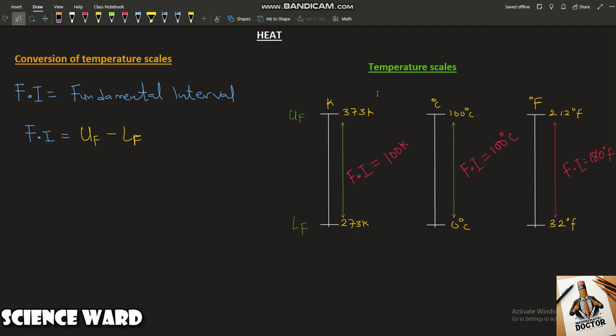So we want to convert from Kelvin to degrees Celsius, or from Kelvin to degrees Fahrenheit. To convert, I might have to keep the diagrams in my head, or I will have to know the formula for each conversion. Let us try to work with that.